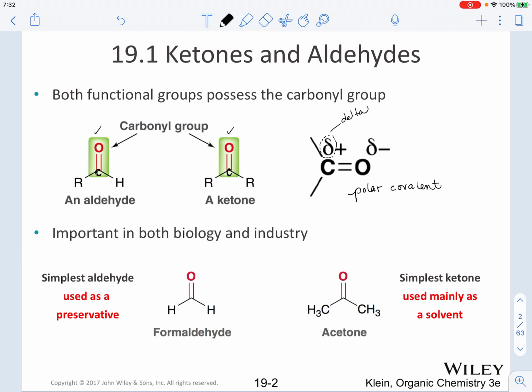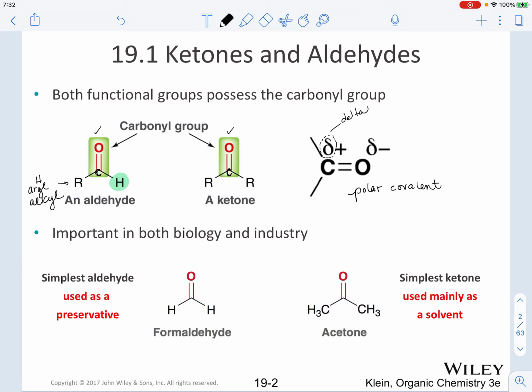Now, when it comes to an aldehyde, we need a carbonyl group that has specifically a hydrogen atom to one side, and the R group, or the rest of the molecule, can be H, aryl, or alkyl in nature.